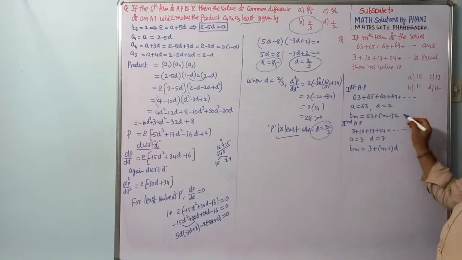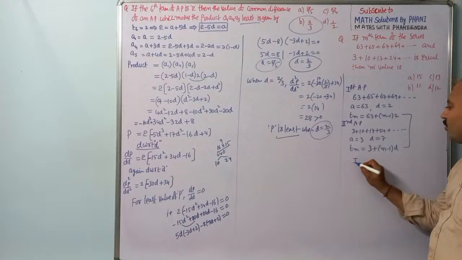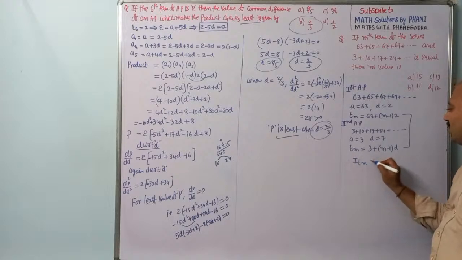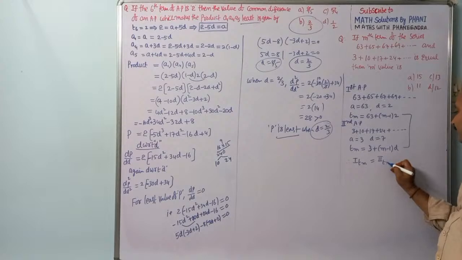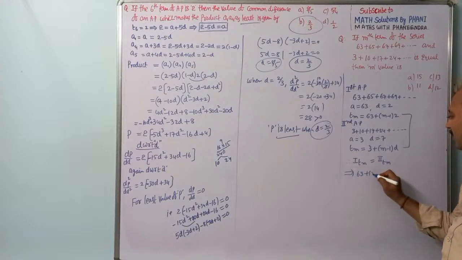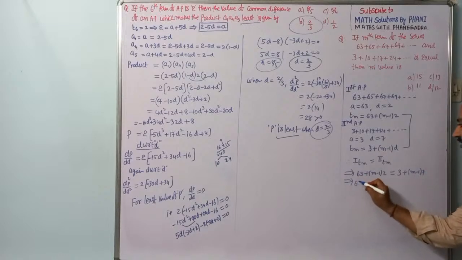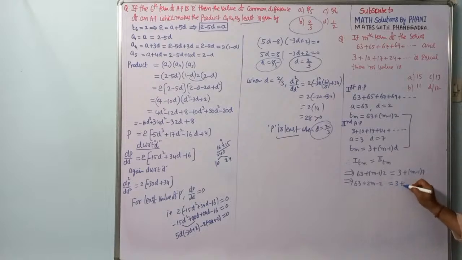According to the question, both are equal. So therefore, first Tm is equal to second Tm. That implies 63 plus m minus 1 into 2 equal to 3 plus m minus 1 into 7. So that implies 63 plus 2m minus 2 is equal to 3 plus 7m minus 7.